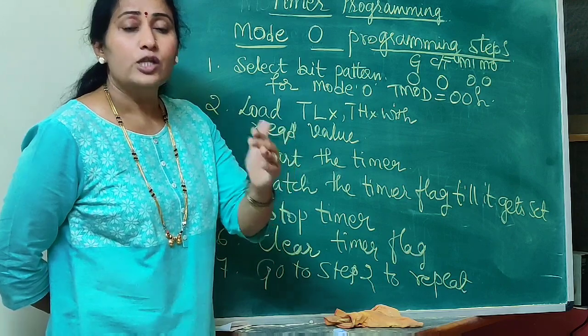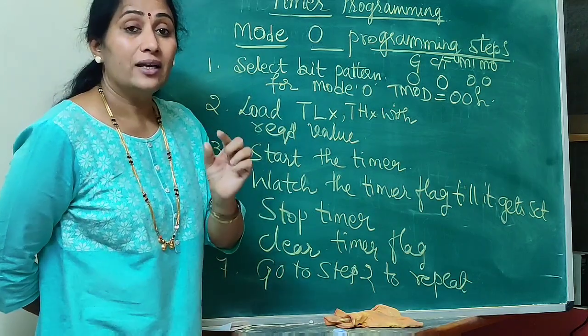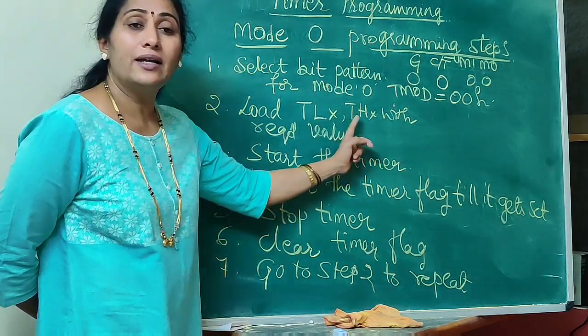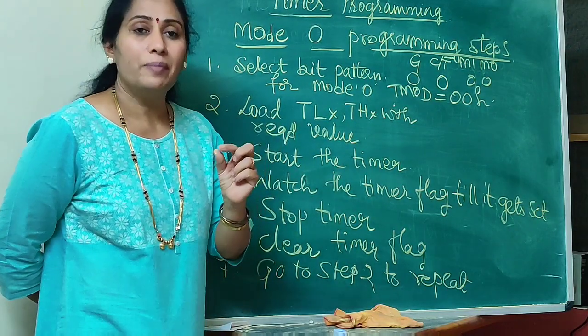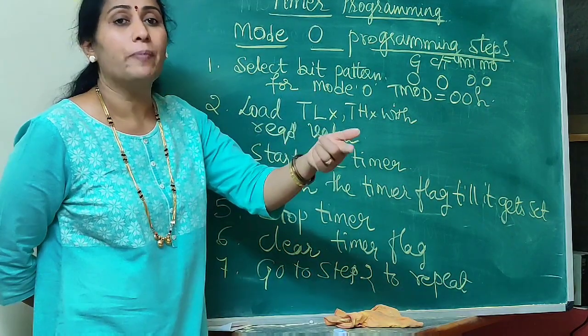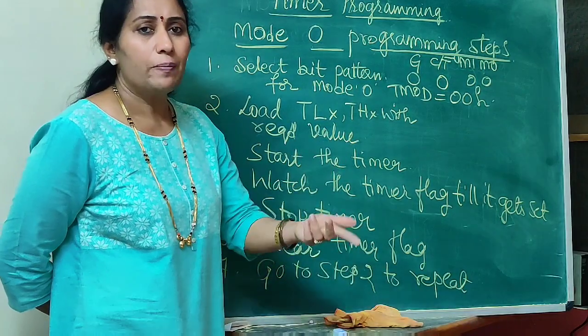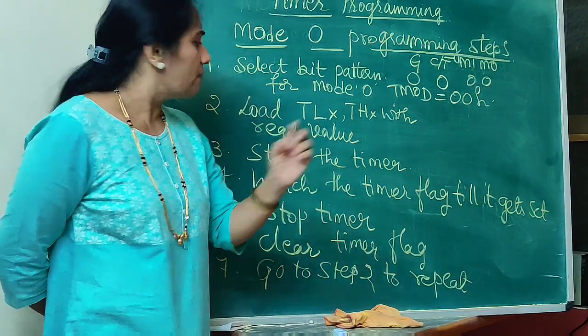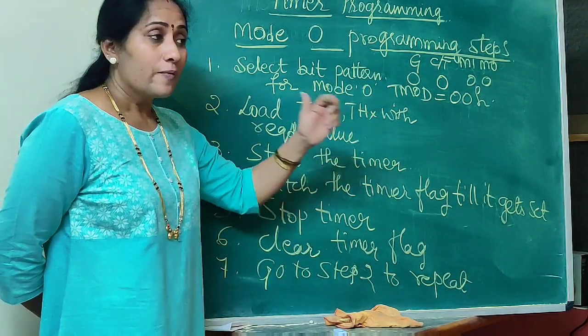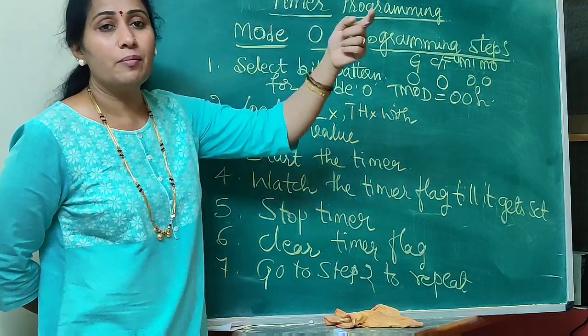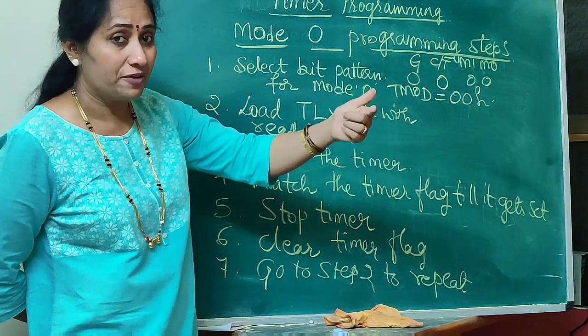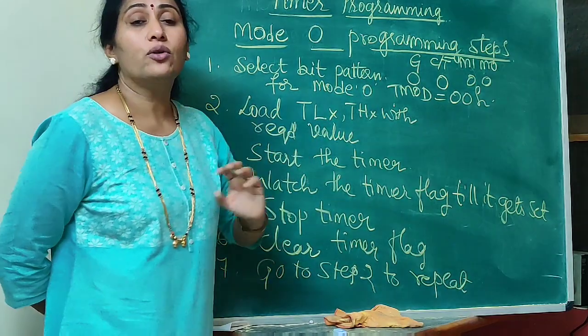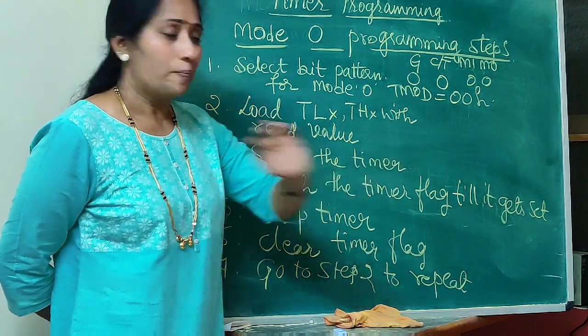Greater the value loaded in TL and TH, the smaller will be the delay, because it is going to have up counting. If you load a very small value in TL and TH, then to reach the maximum count 1FFF hex, it is going to take many more clock pulses.